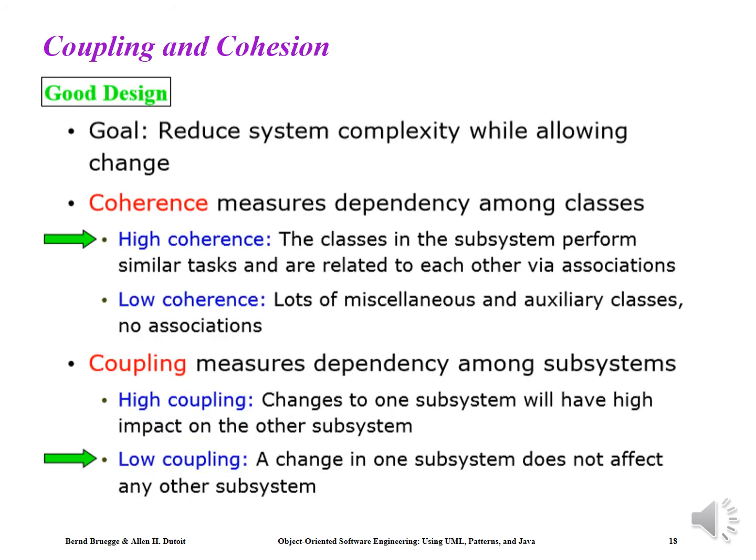A good design should have high cohesion, meaning the classes in the subsystem perform similar tasks and are related to each other via associations, and have low coupling, meaning the dependency among the subsystems should be minimum.